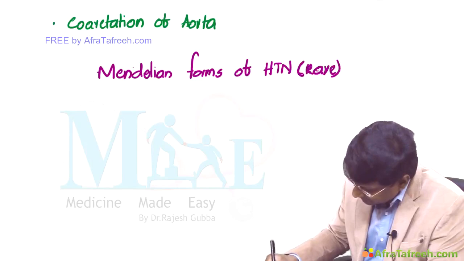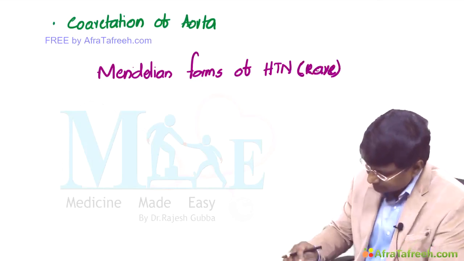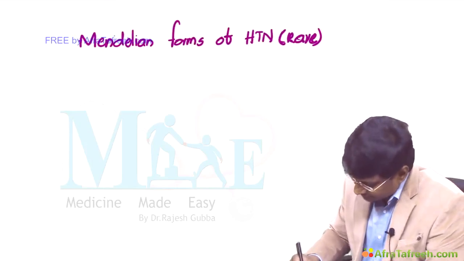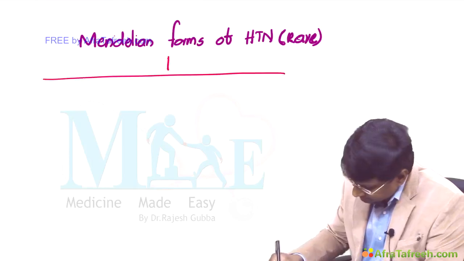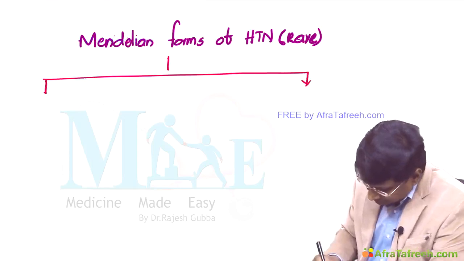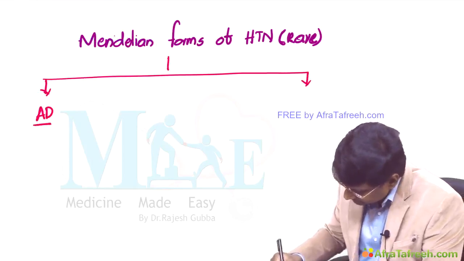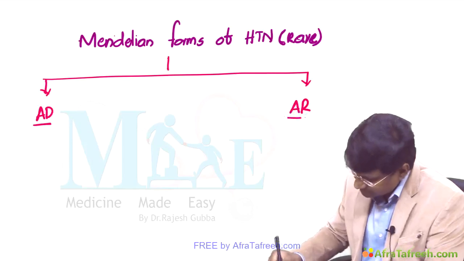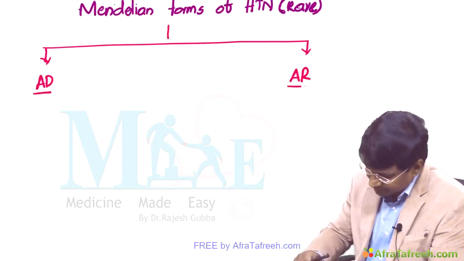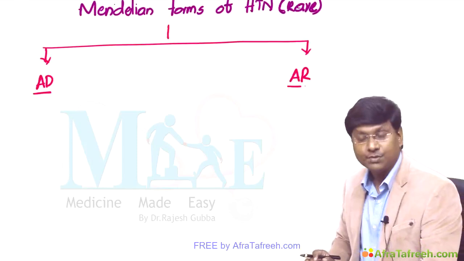And these Mendelian forms of hypertension, remember, we can classify into autosomal dominant and autosomal recessive. Take the autosomal dominant conditions.